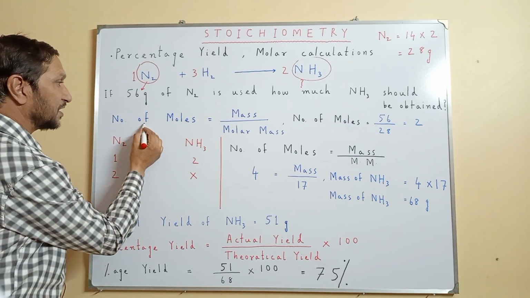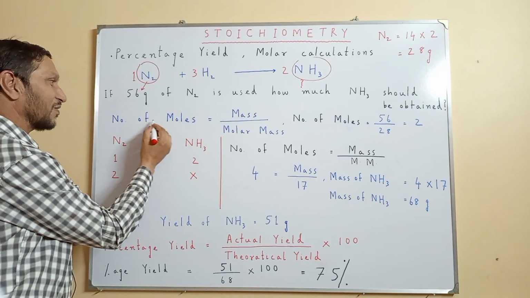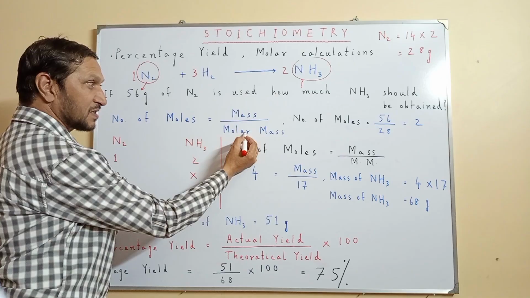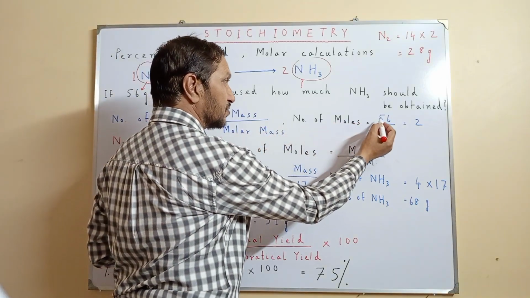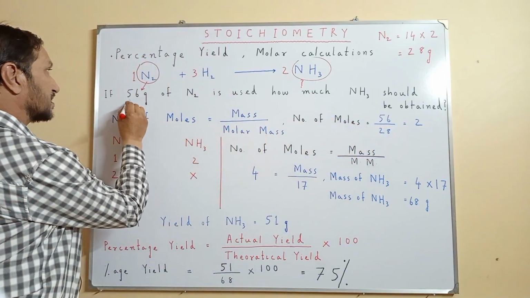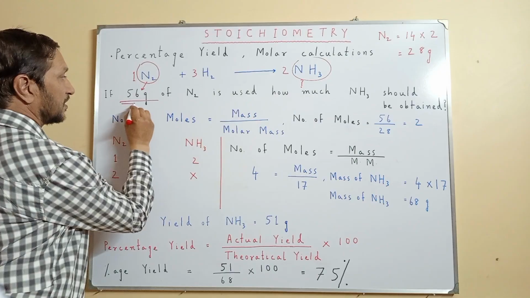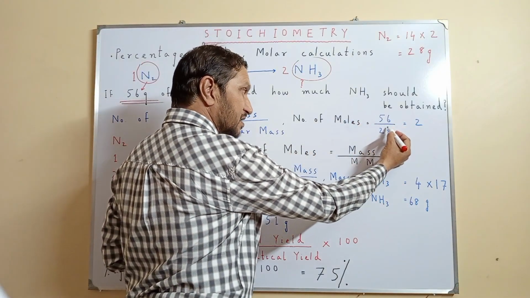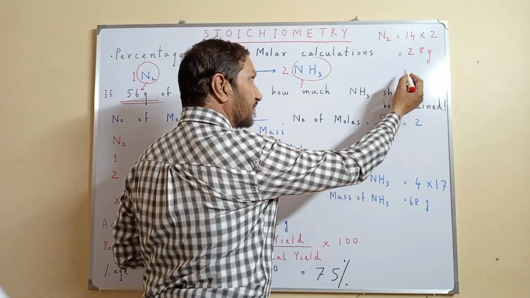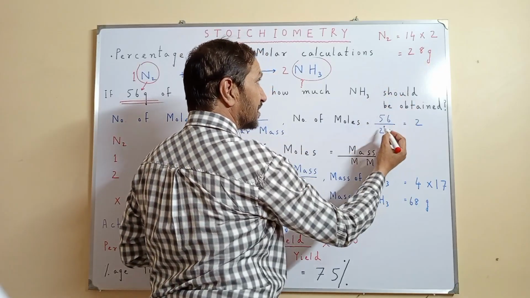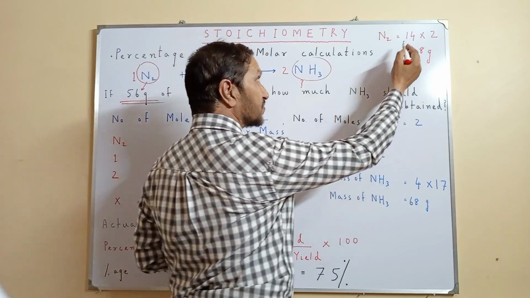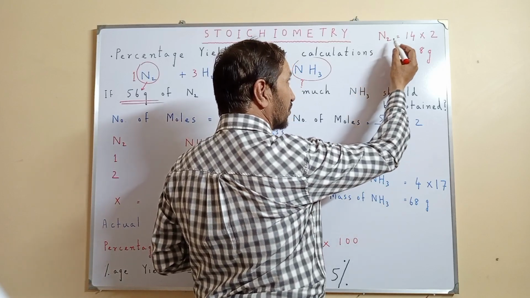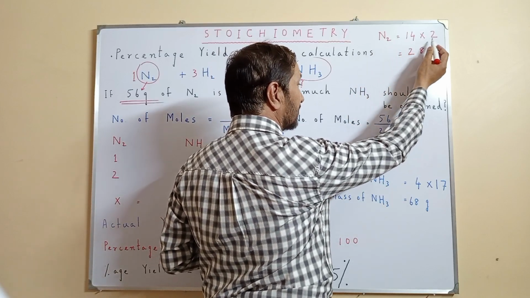We will calculate by this formula. Number of moles is equal to mass divided by molar mass. The mass of nitrogen given is 56 grams. And the molar mass of nitrogen which we calculated is 28, because 14 twos are 28, the atomic mass of nitrogen multiplied by 2.